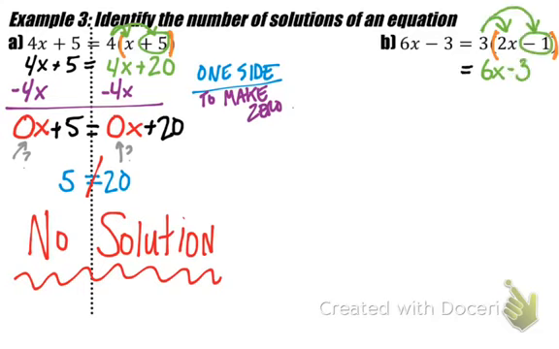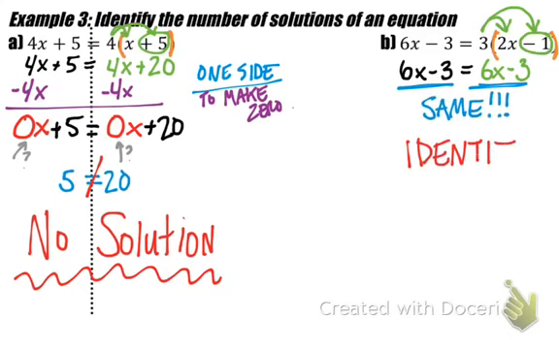So that's equal to 6x minus 3. So 6x minus 3, if we keep going, well, right away we have two expressions that are exactly the same. When you have two expressions equal to each other that are exactly the same, that is considered an identity. We have infinitely many solutions for this equation.